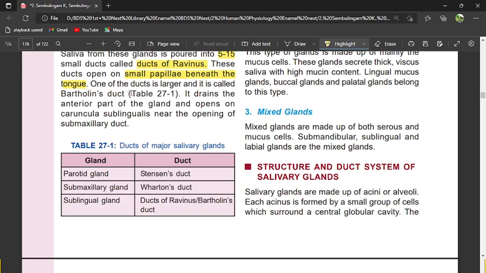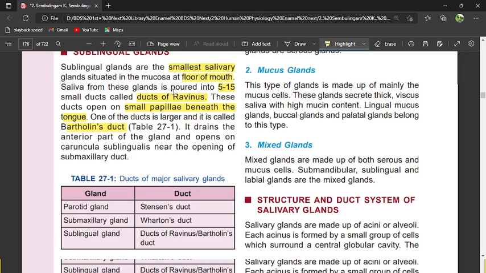So remember, the duct of Rivinus is a part of Bartholin's duct. When you read Oral Anatomy, it is given that the sublingual gland has Bartholin's duct. It is not telling about the duct of Rivinus, but it is a pipeline formed by 5 to 15 small ducts.